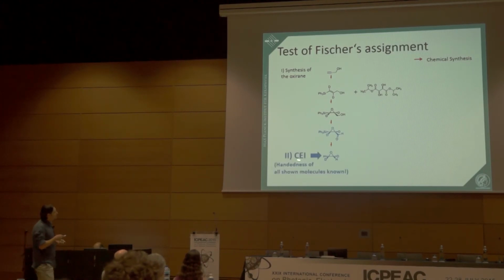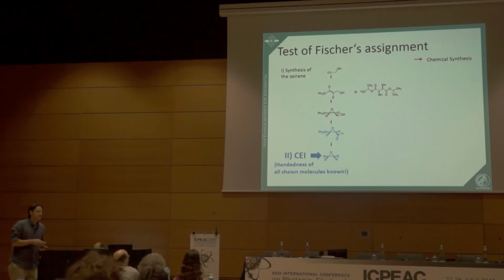Our measurements now determined the handedness of this molecule. And since this chemical synthesis is very carefully done, the absolute configuration of all the other chiral molecules here is also known.